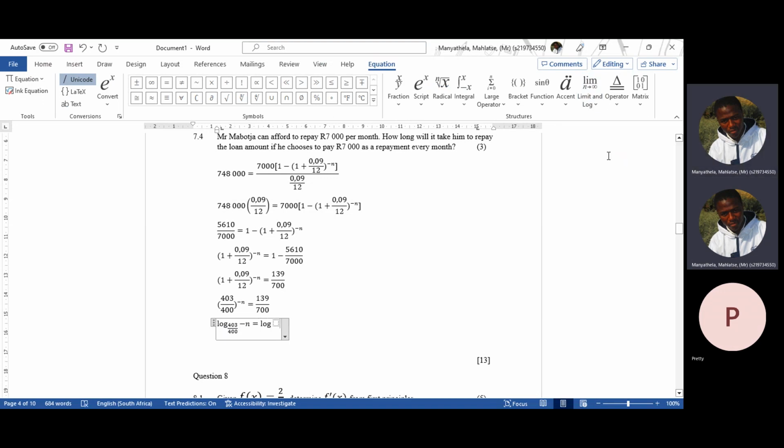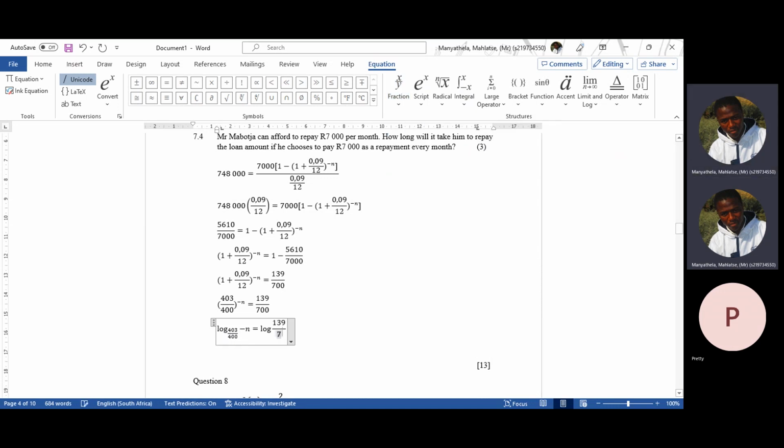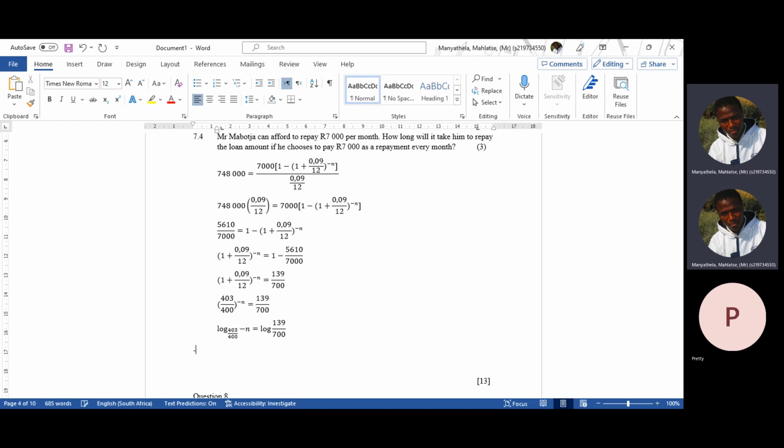Equal to log 139 over 700. So this negative n, we can move it here to multiply log 403 over 400.